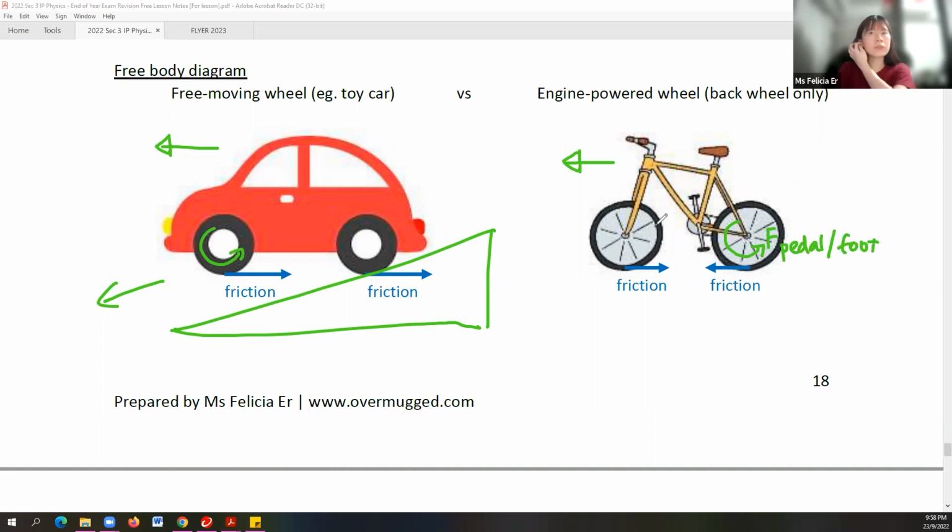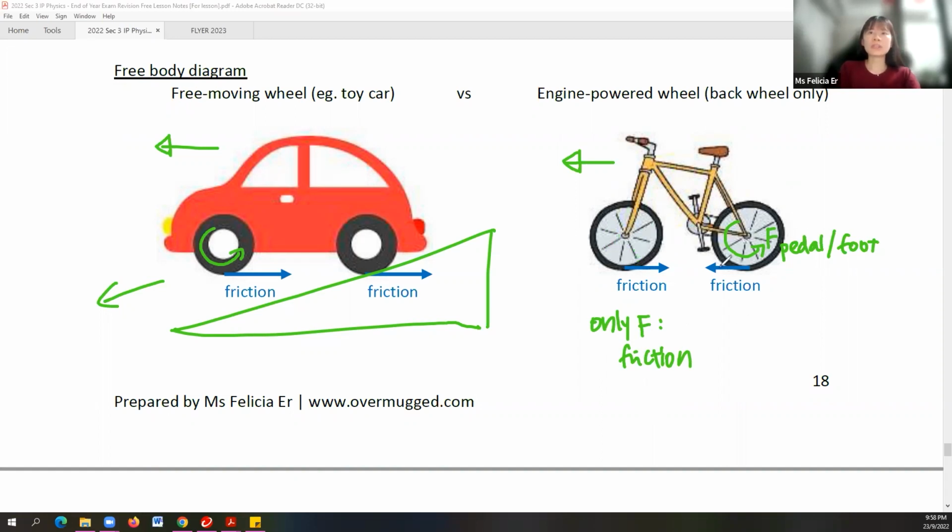As compared to the front wheel, do you realize there is no force exerted, because when you pedal, you are not able to rotate the front wheel. In order for the bicycle to move forward, the front wheel has to turn in this direction, towards the right. The only force present is friction, so only friction can cause it to turn. Since I need to turn towards the right, friction has to point to the right so that my wheel can turn to the right.